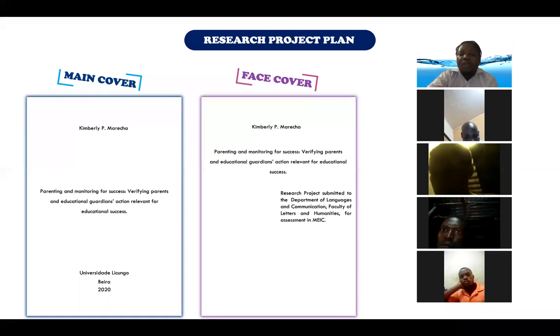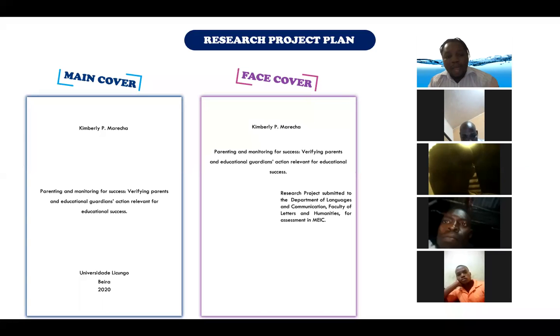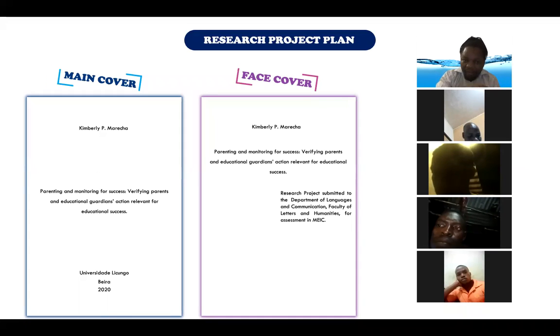And this statement also is supposed to feature on most of the assignments you will be writing and submitting to your lecturers for assessment. They should have the main cover and the face cover, and they should have your name at the top, followed by the title and the name of the university, the city, and the year on the main cover.